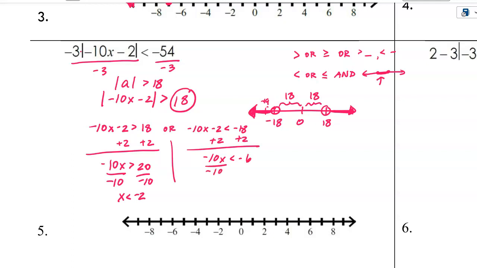Divide both sides by negative 10, and we're going to flip that inequality sign, and that's going to be 3/5. I'm looking at it, and somebody's going to probably want to simplify negative 16 divided by negative 10. Flip the inequality sign, so that's going to be 16 over 10, both divisible by 2, so 8/5.